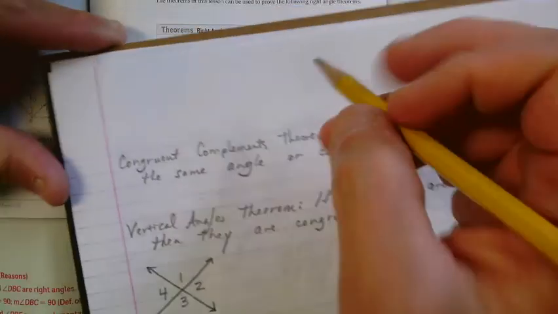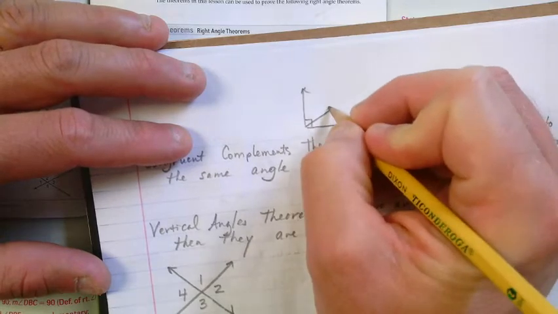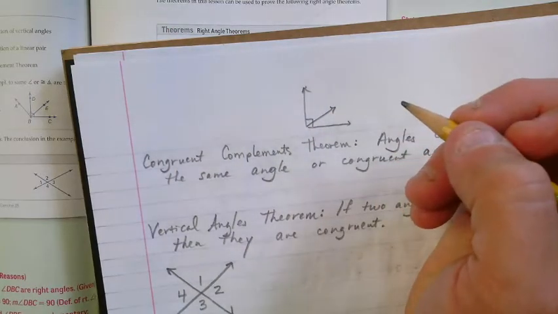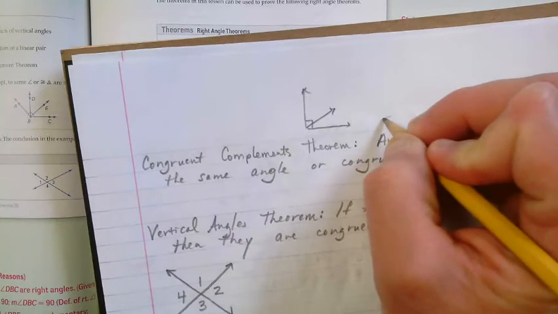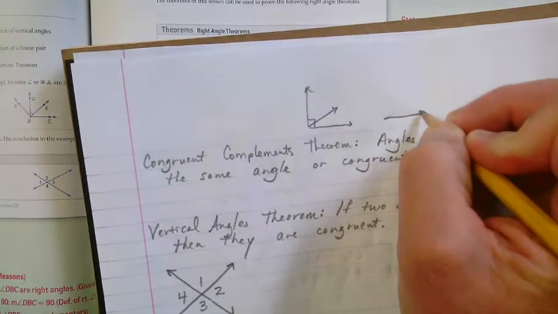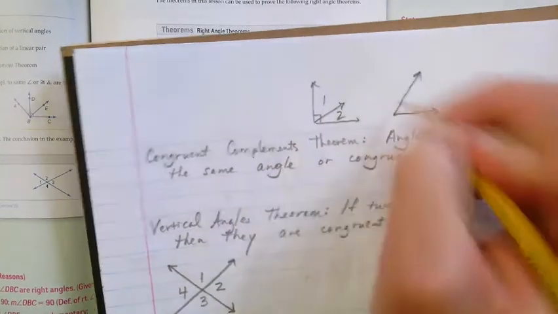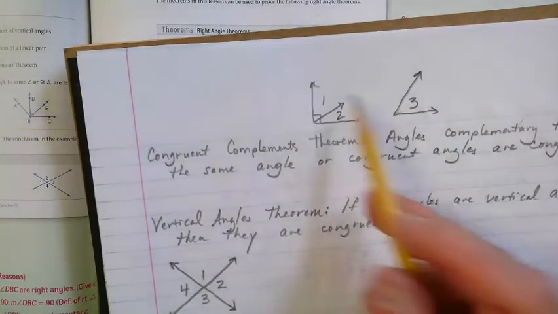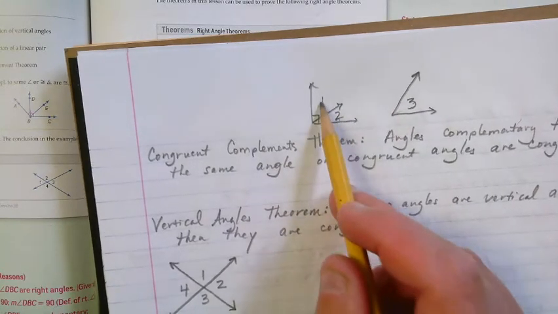So if I was to draw a picture of this, if you're struggling to pick up on what's being said here, again, angles that are complementary to the same angle. So let's say 1 and 2 are complementary.